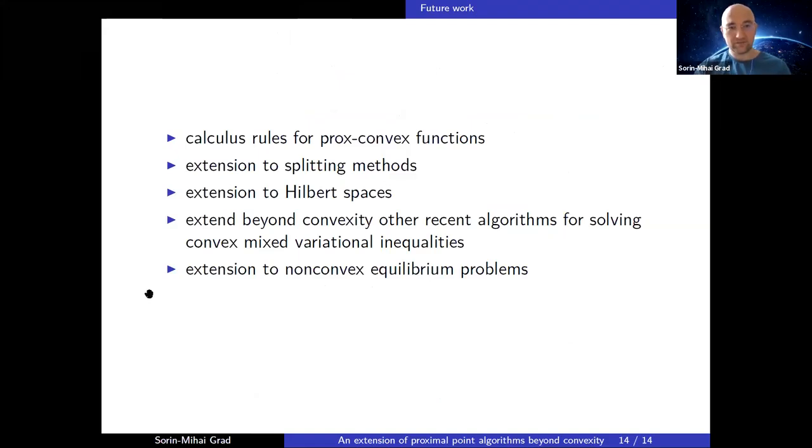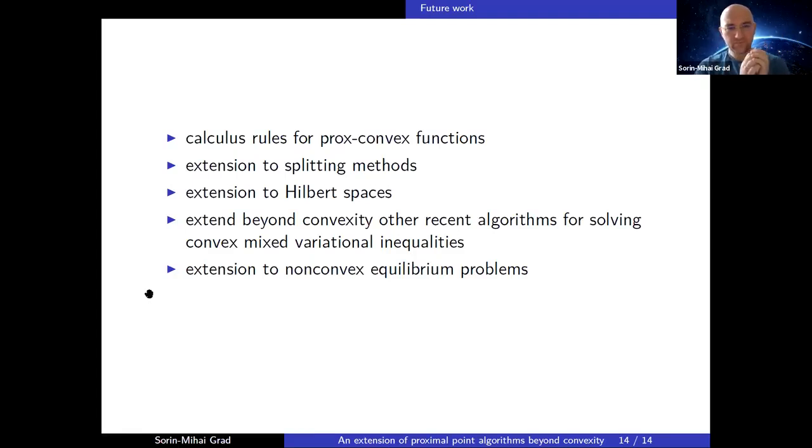Then the next step, I listed here some future ideas, some things we are currently working on, some calculus rules for such functions, because we noticed that the class is not even close to being closed under multiplication. So as I said, for the golden ratio algorithm, if it works for h, adding a step size, one would have to add that lambda alpha h is also prox-convex.